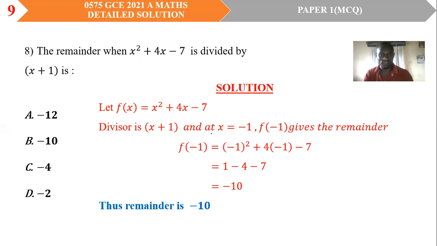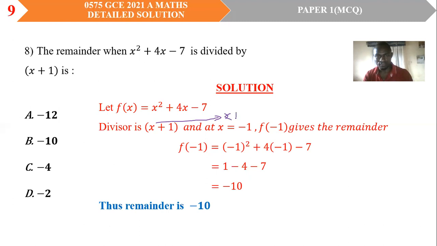So in this case, how do we obtain x equal -1, given that this is a divisor? To obtain the value of x when the divisor is given, we do the same thing we did with the factor.